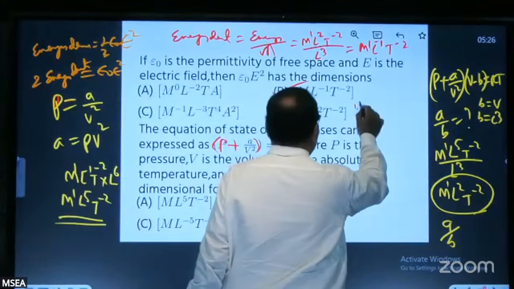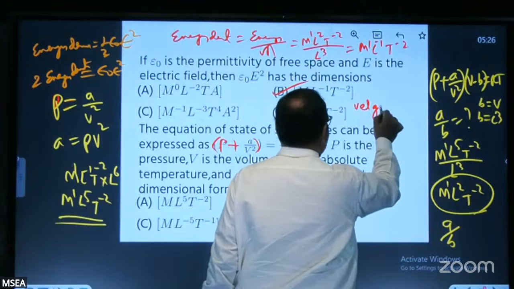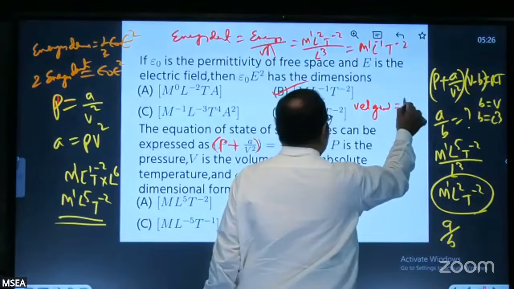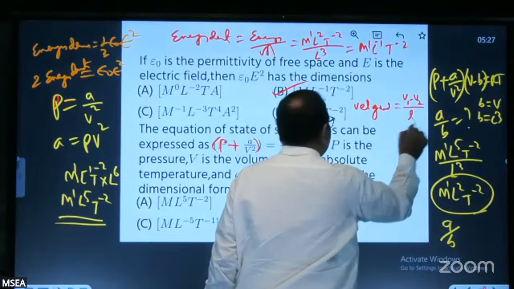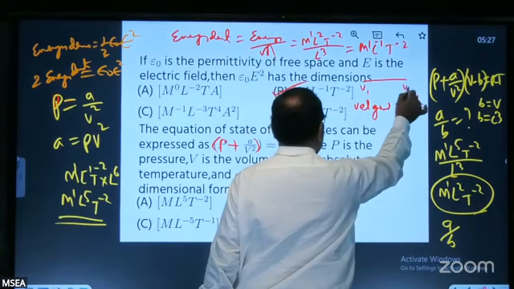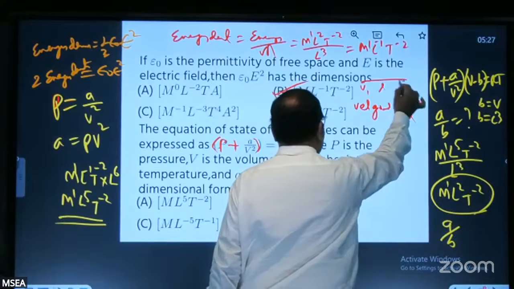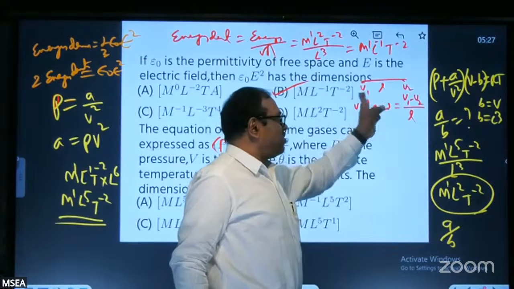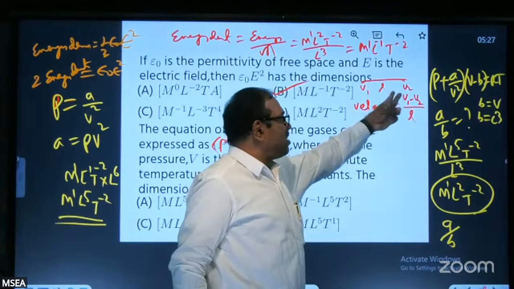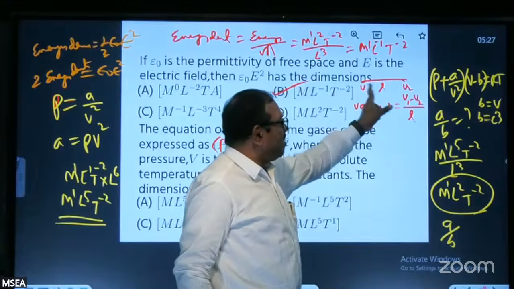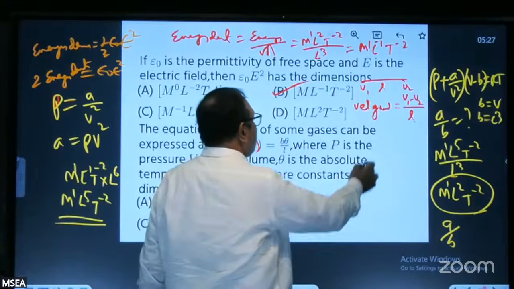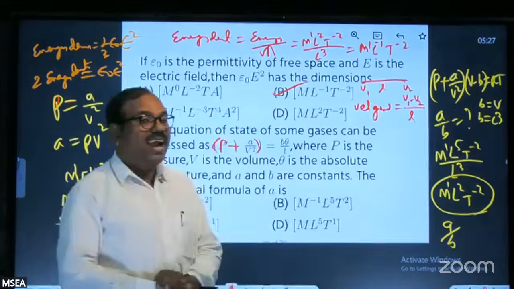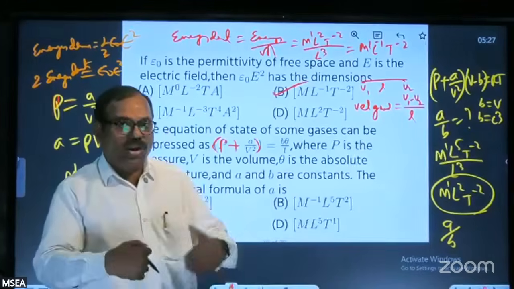Whenever velocity gradient is given, velocity gradient is nothing but the difference in velocity, v1 and v2, divided by the length. At a distance of L, the difference of the velocity is v1 to v2. Therefore, the difference in velocity by the distance between them, L. So this is velocity gradient. Always remember, gradient means per unit length.